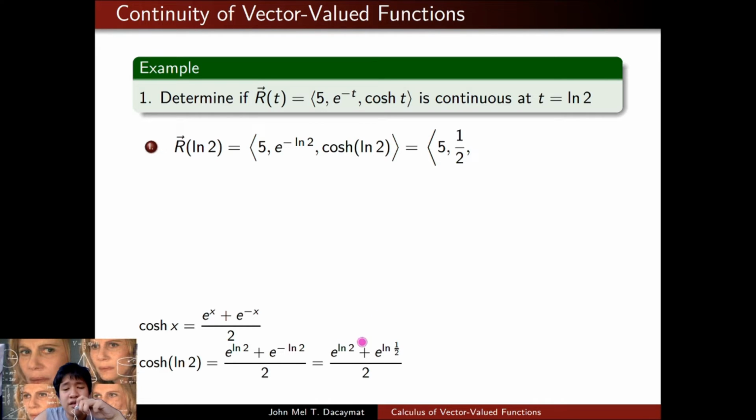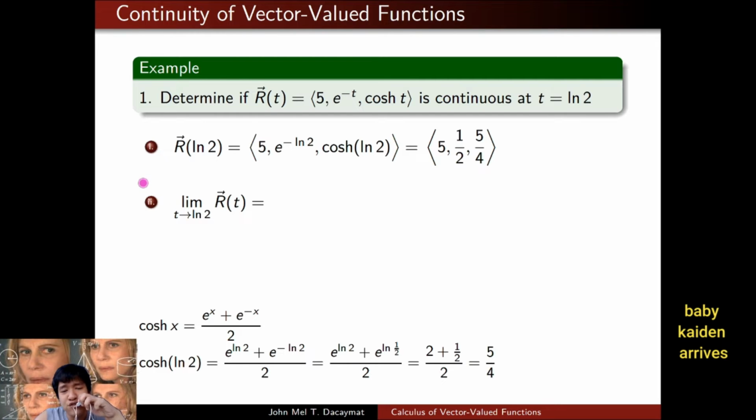And then all the pairs of e and ln can cancel out. So, we will be left with 2 plus 1 half over 2, and simplifying that, kaya ninyo na yan, I will not go into detail, that's 5/4. So, may function value ka, no? 5, 1 half, 5/4. So, first condition is satisfied. So, let's proceed. Second condition.